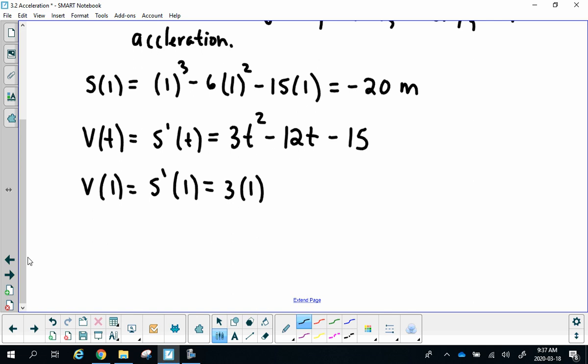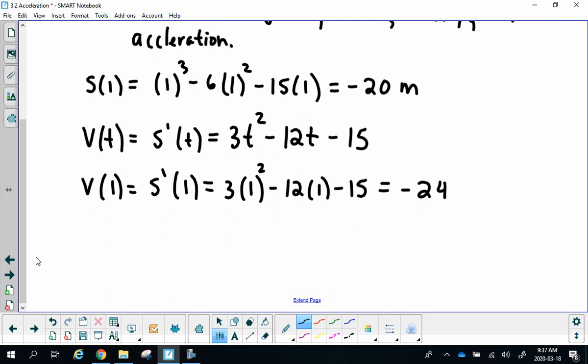We're just going to plug it in to figure out what our velocity is at 1 second. Okay. So we calculate that, and so we have 3 times 1 minus 12 gives us negative 9, minus 15 gives us negative 24.